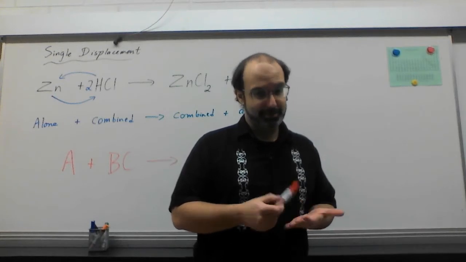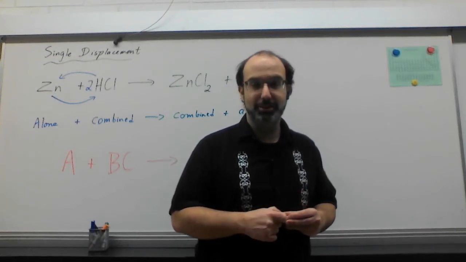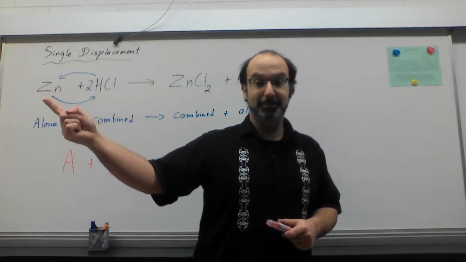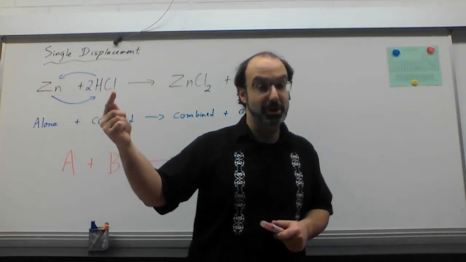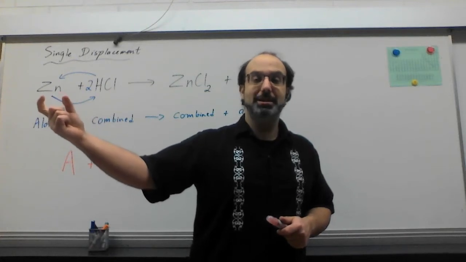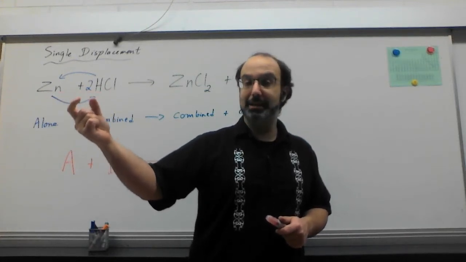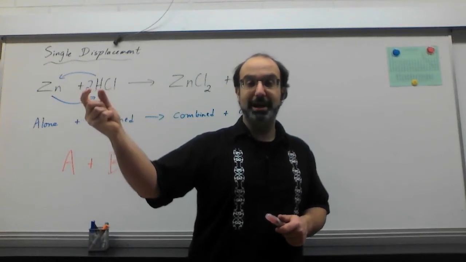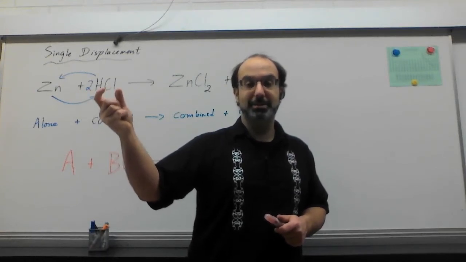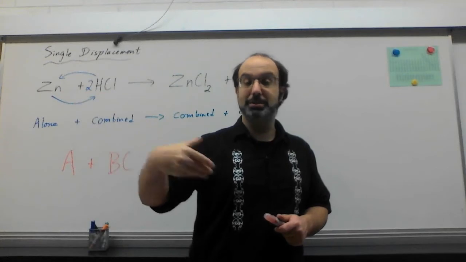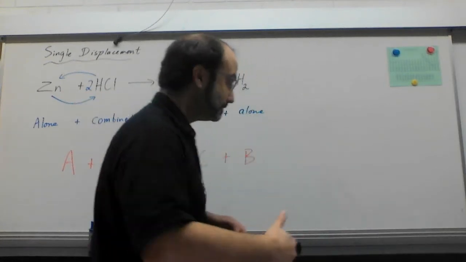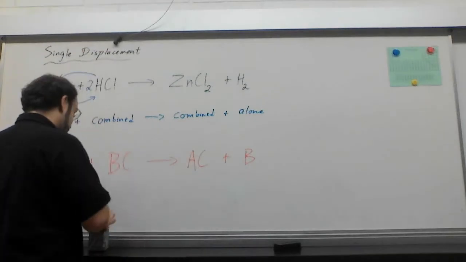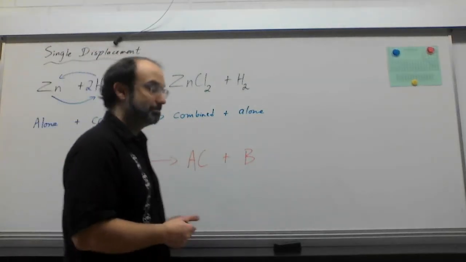Because we have to remember, the rules for ionic bonding still hold. Zinc is a metal. Chlorine is definitely not a metal. So the zinc is replacing the most metallic of the 2 options, right? Of these 2 options, hydrogen is more metallic than chlorine. So the zinc is going to swap with the other metal partner. All right, so this is single displacement.